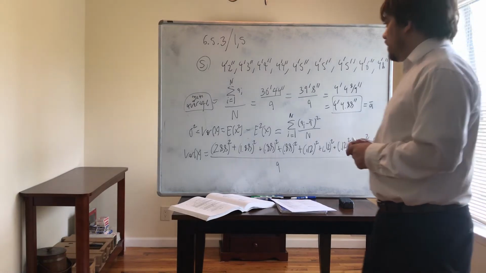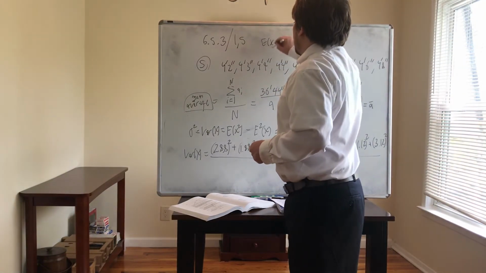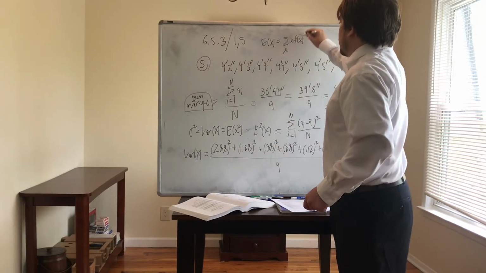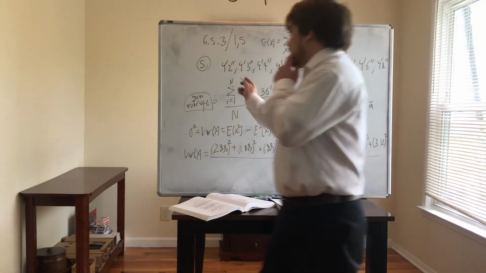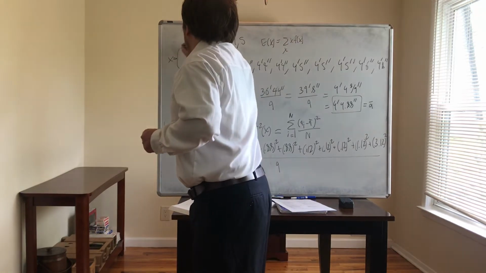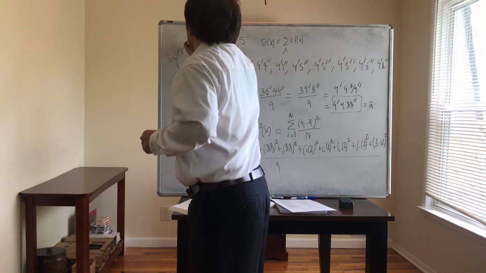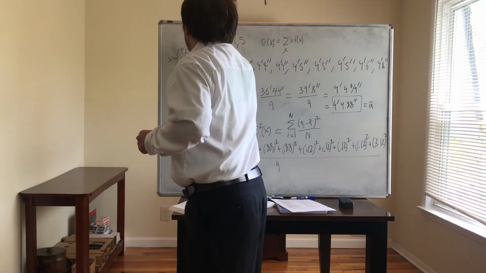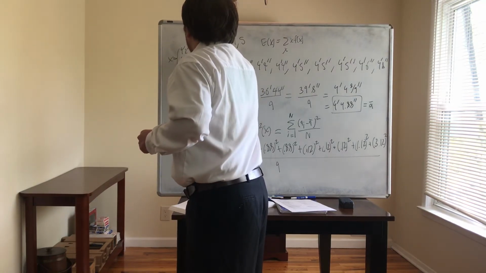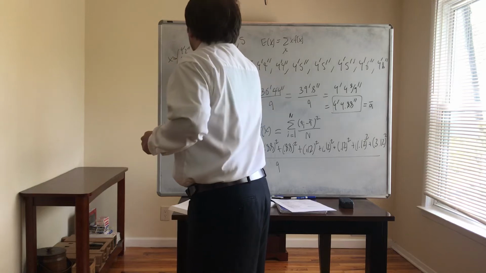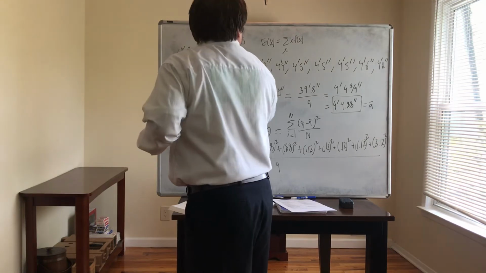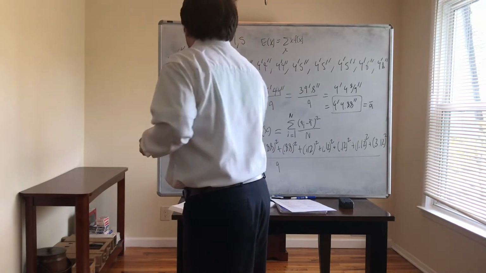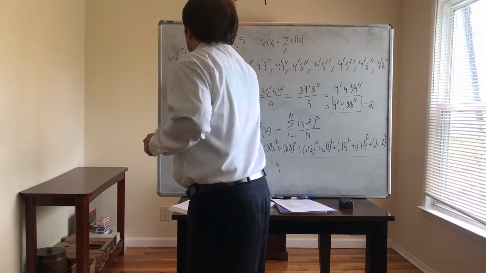And then E of x, the expected value, is just the sum over all possible values of x times f of x. The possible values of x, you don't have to include repeats. The possible x values are 4 feet 2 inches, 4 feet 3 inches, 4 feet 4 inches, 4 feet 5 inches, 4 feet 6 inches, and 4 feet 8 inches.